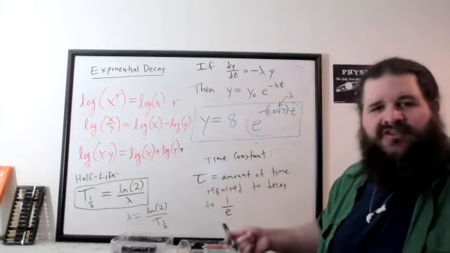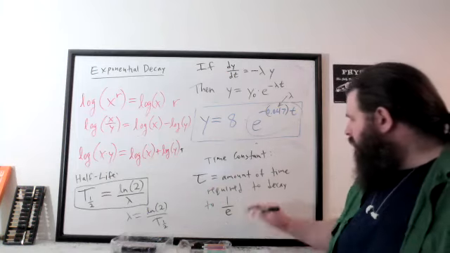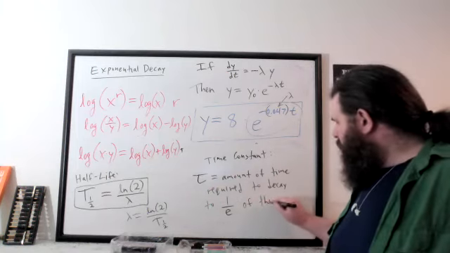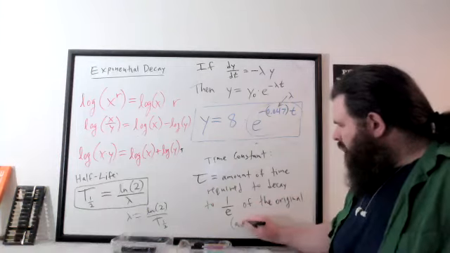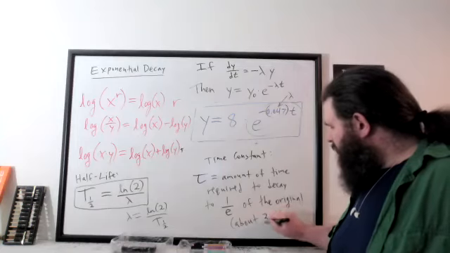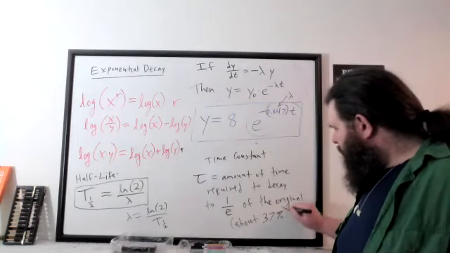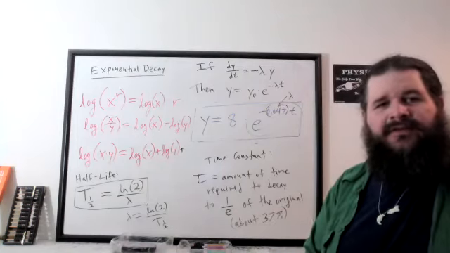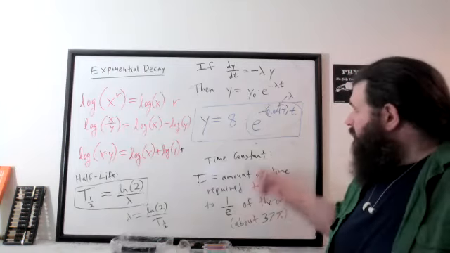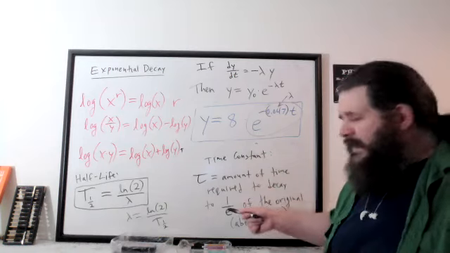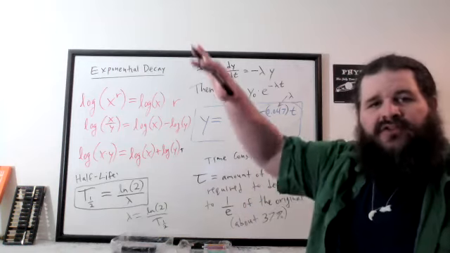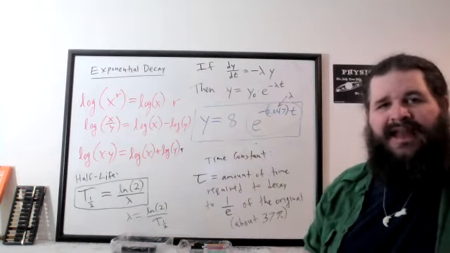That e, 2.718, is the same as the e here. And for reference, that's about 37%. Again, nothing particularly special about 37%. It's just that because we're using e as the base of the exponent, 1/e is a very convenient reference point for a certain significant amount that has decayed.